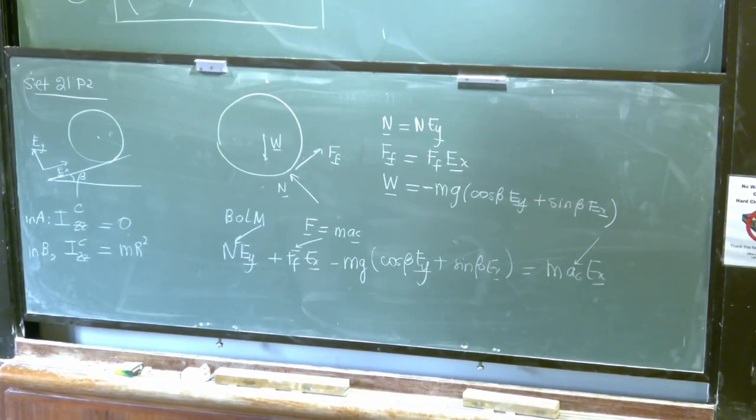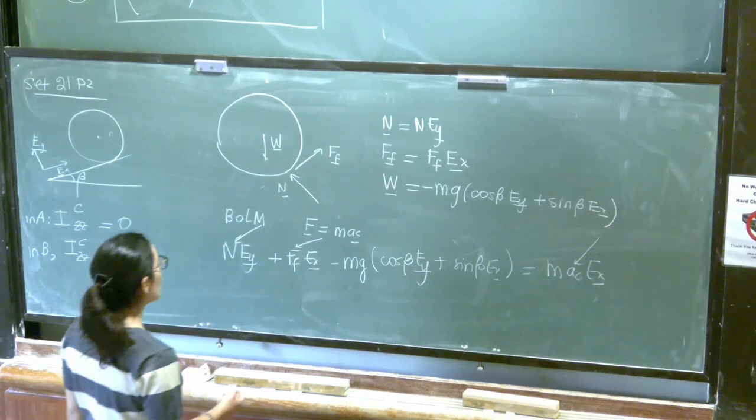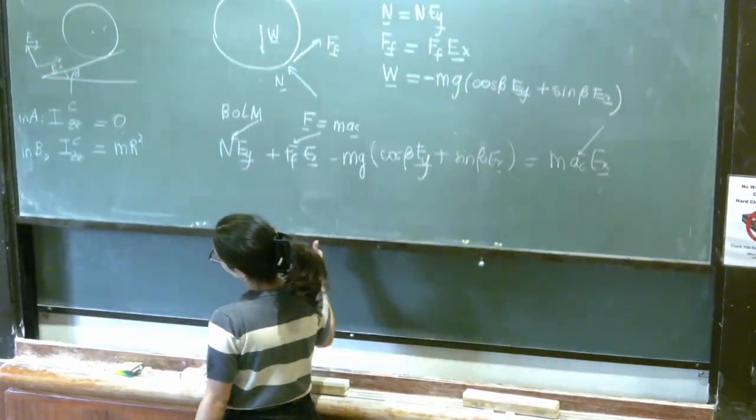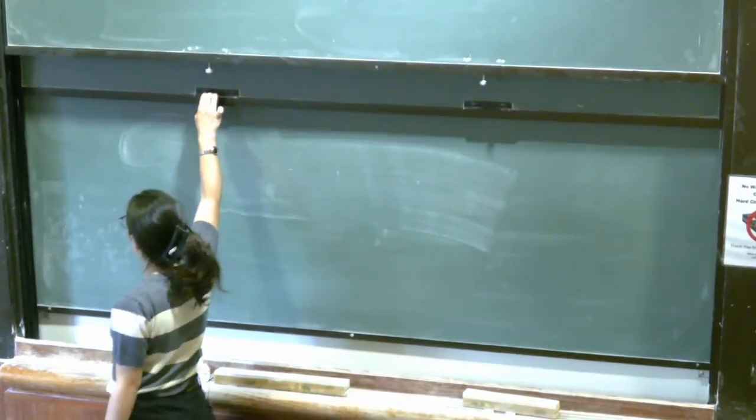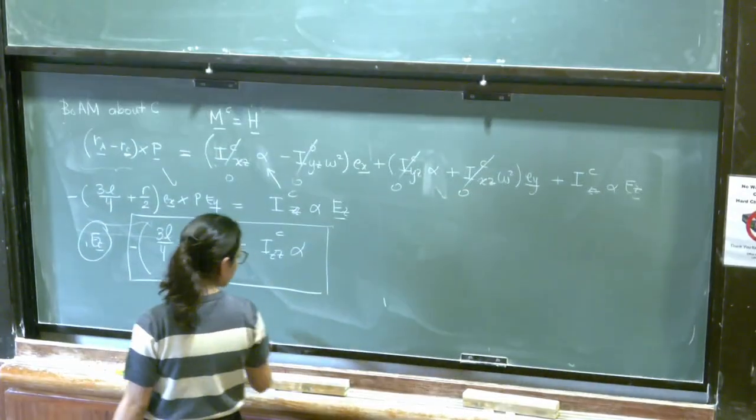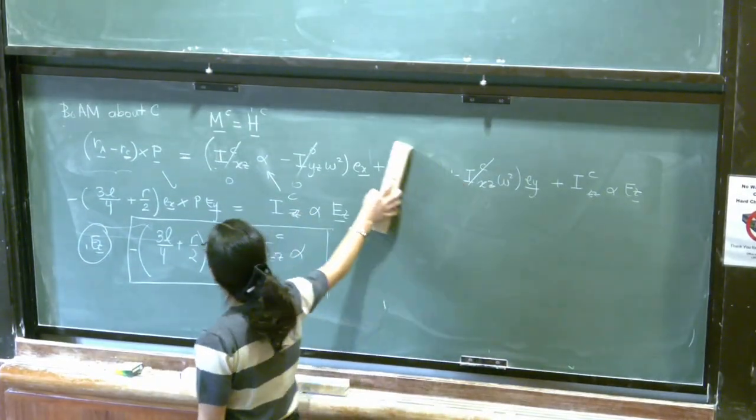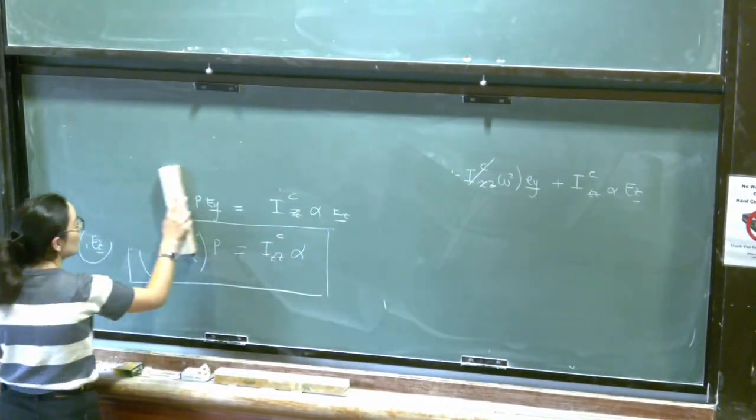So what do I do? What is it? Balance of angular momentum. Now, balance of angular momentum about which point? I have options, right? I can do about the center of mass.